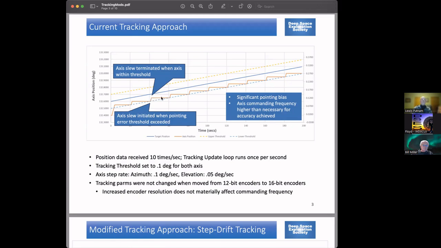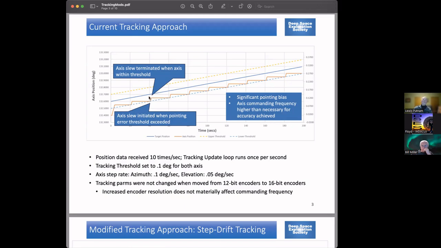A subtlety that happens here is our update loop is running at once per second, and the axis step rate is 0.1 degree for the azimuth and 0.05 for elevation. So basically it'll step for 1 second and then turn the mount off.